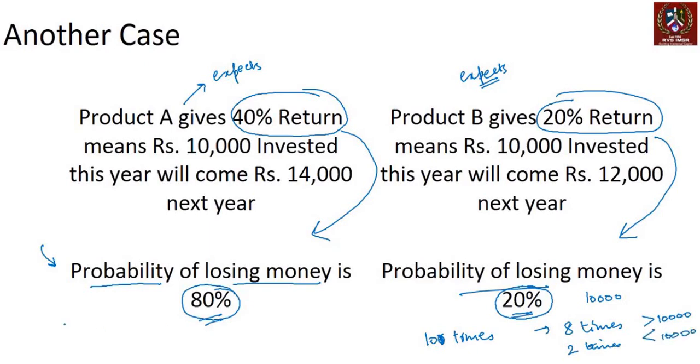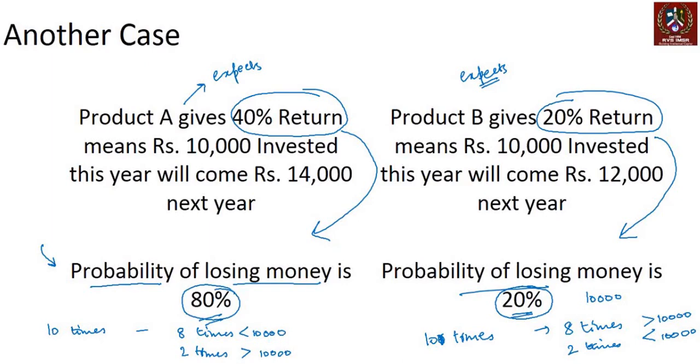Whereas in this particular case, if I invest 10 times, 8 times I'll get less than 10,000. 2 times I'm going to get more than 10,000. That more than 10,000 could be 40,000 or 14,000 or whatever. But 8 times I'm going to get less than 10,000.